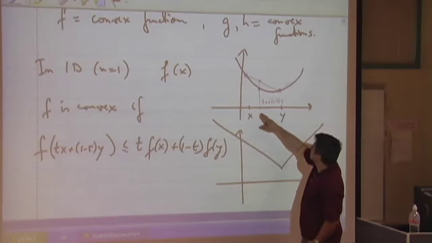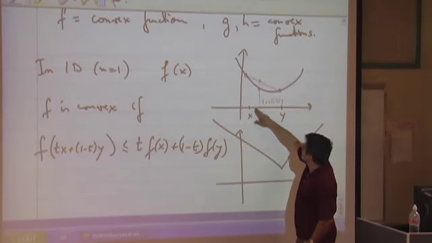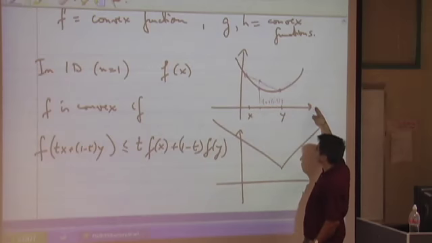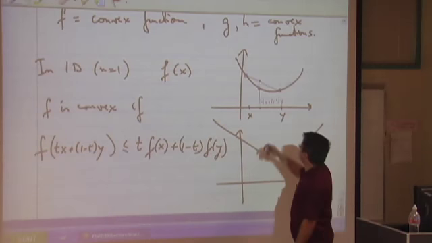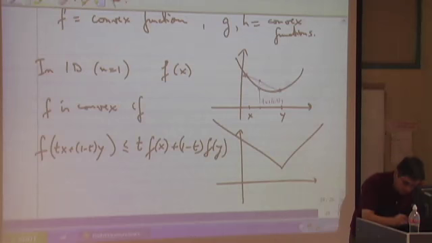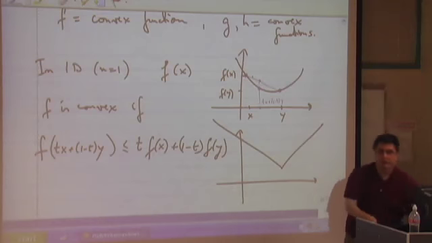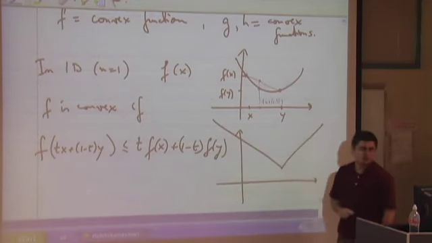X and y is a bad convention here, but it's basically saying the horizontal coordinates and the vertical coordinates use the same linear combination, right? So what's the height here? Well, this is f of x and this is f of y. So what's the height in between? It's going to be exactly t times f of x plus 1 minus t times f of y.